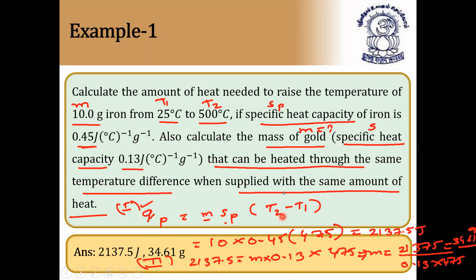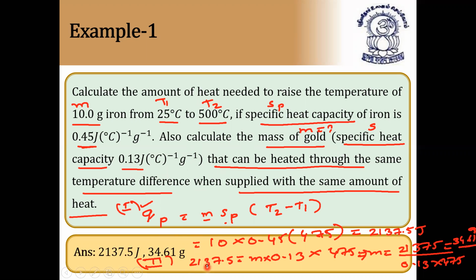Now taking this heat, the same amount of heat, means the heat from the above case should be used for gold. So when you supply the same heat to gold, calculate the mass of gold with specific heat 0.13 that can be heated by the same temperature difference.